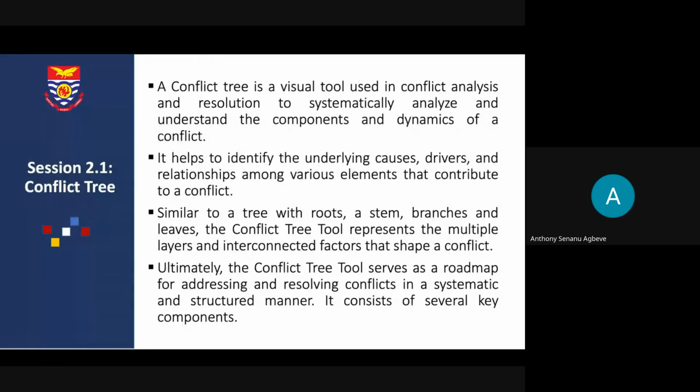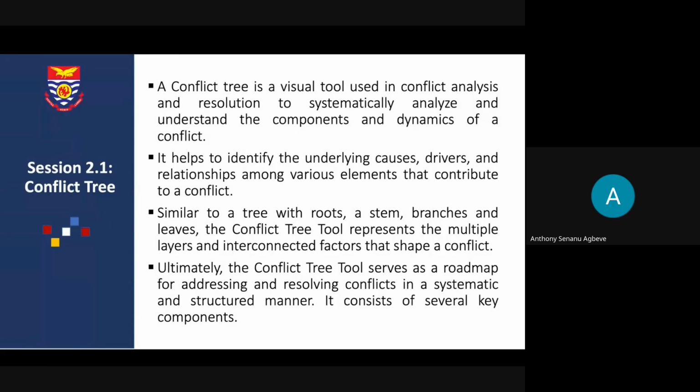So when we talk of the conflict tree as a tool to analyze conflict, basically we are looking at it from the perspective of how the parts of the tree look. So the conflict tree tool is a tool that is used to analyze the conflict, right?